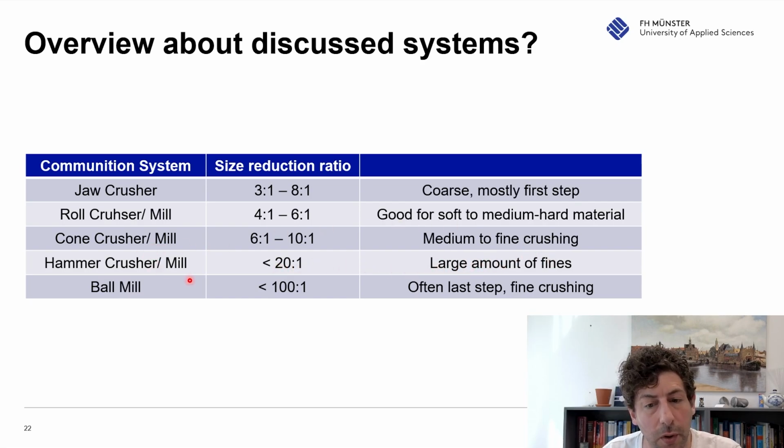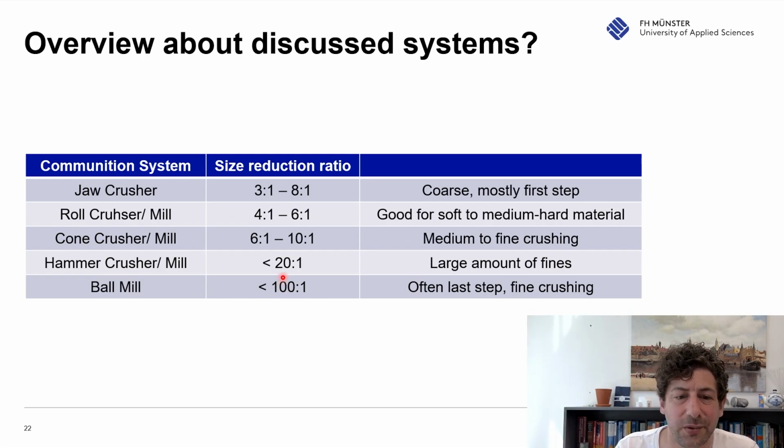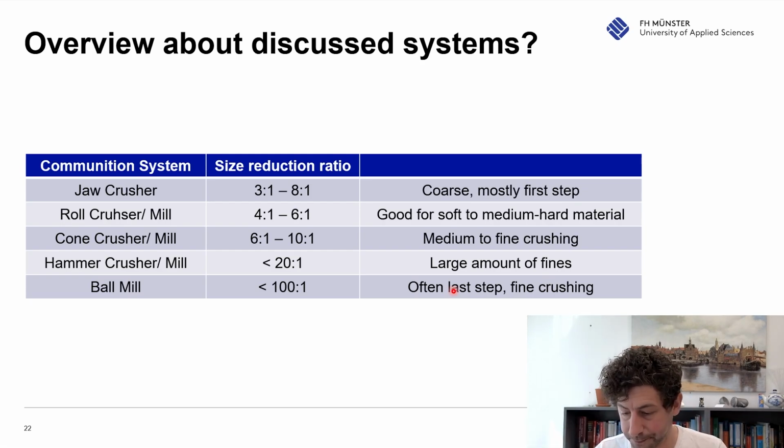And finally, the ball mill with a very high size reduction ratio. Is it good? That is another question, but a very high size reduction ratio, up to 100 to 1. And this is often the last step for very fine crushing. This table is not complete. It's just for you to get a little bit of an idea of what we discussed the last minutes ago.